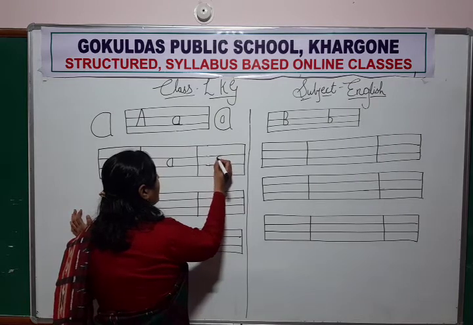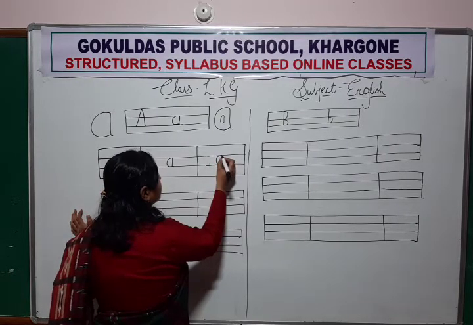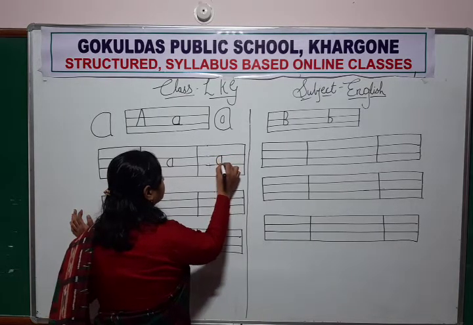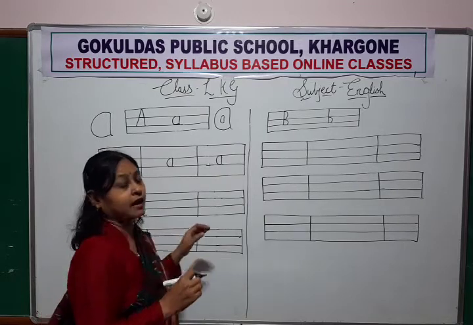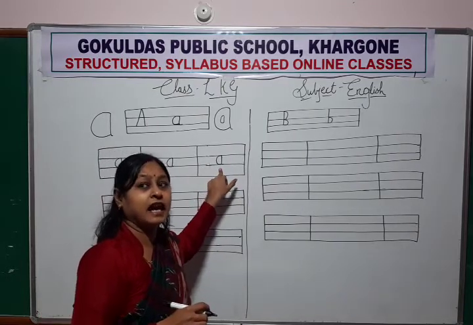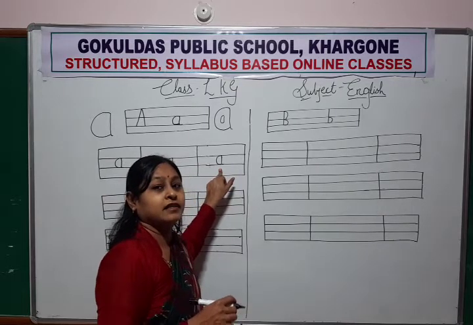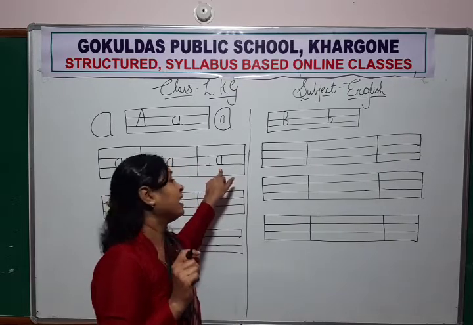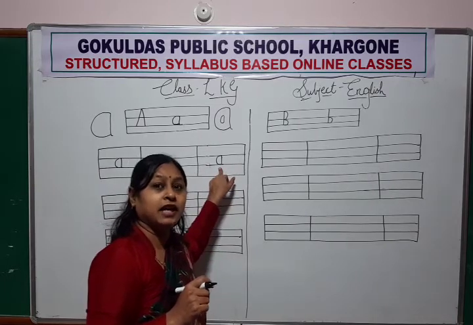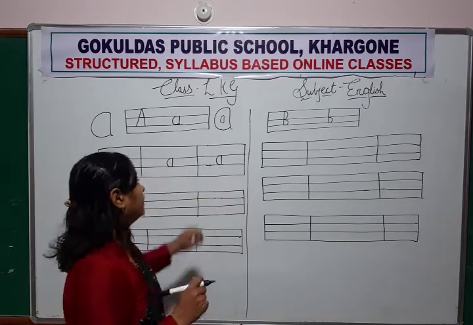Again, half circle, standing line, and then small tail. A. Which letter is this? Letter A. Baby A. And sound of letter A is A. Okay.